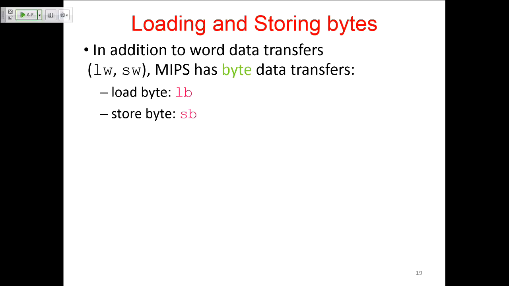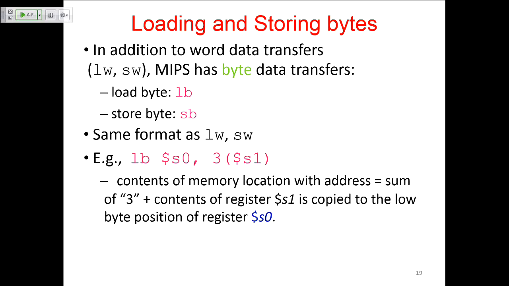It doesn't have to be a multiple of 4 because it's just that exact byte that I want, for whatever reason. It's the same format, so you will have LB, and S0 will be the target register to which you're going to load. You're going to load the content of S1 plus 3, that address you're going to grab from the memory, so that byte that resides in that address.